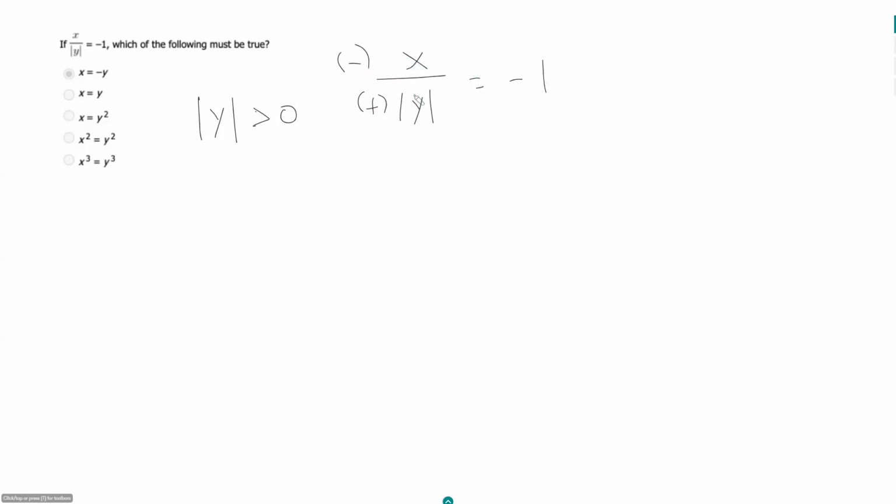So to get -1, what does that mean? So x and the absolute value of y have to be the same magnitude, but with different signs. So we could have something like -5 over 5, or -1 over 1, or -2 over 2.